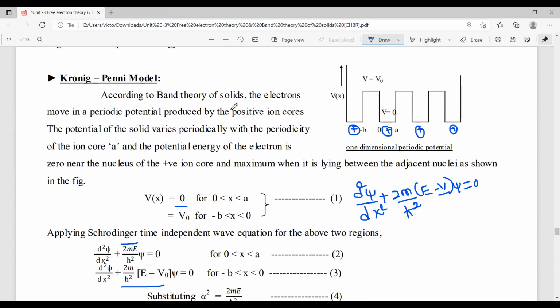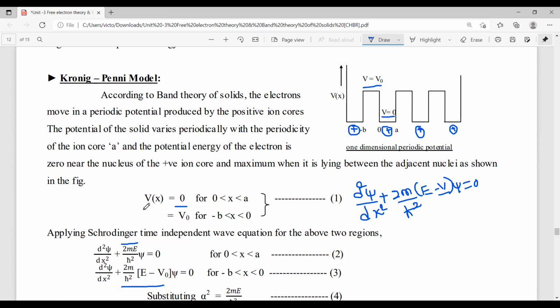According to band theory of solids, that is from Bloch theorem, electrons move in a periodic potential. That is, as they move towards the nucleus, the potential is 0. Between the nuclei, the potential is a maximum.